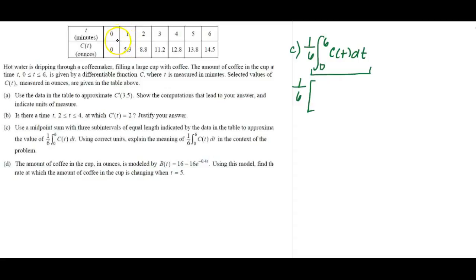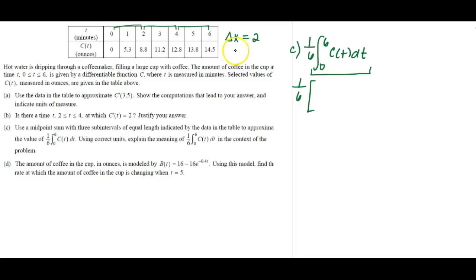Alright, and so now I can look at this table here, and I'm only to use 3 subintervals of equal length. So if I go from 0 to 2, from 2 to 4, and 4 to 6, I have 3 subintervals of equal length, and that equal length, or that delta x, equals 2.